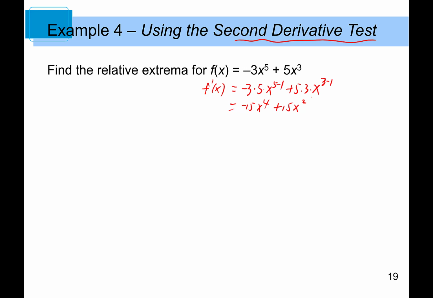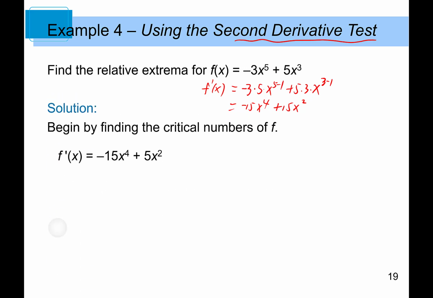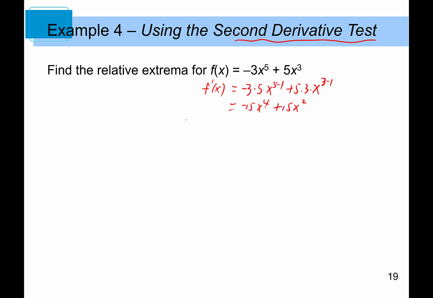And now we can find a critical number by setting f prime of x equal to 0. Find critical numbers. That means negative 15x to the fourth plus 15x squared equals 0.